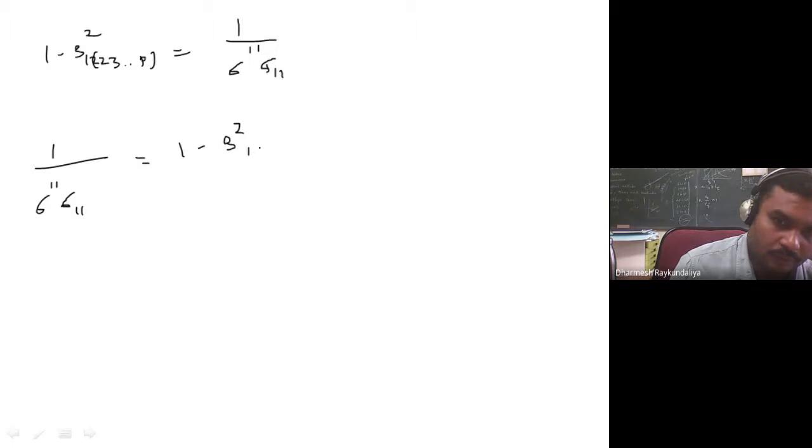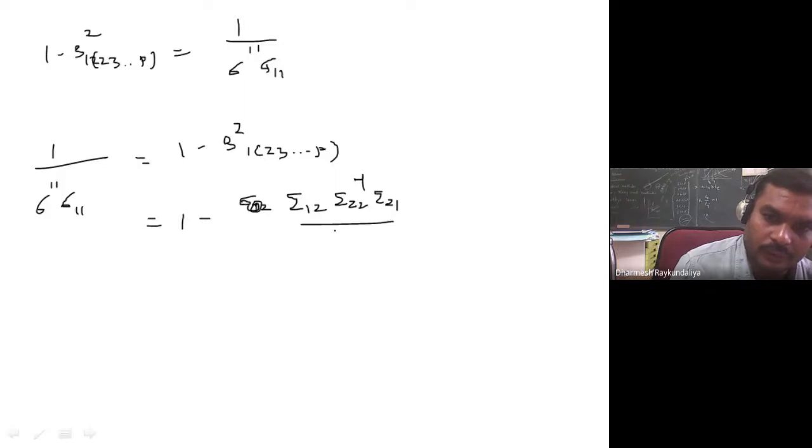I know this result, 1 2 3 up to p whole square is 1 upon sigma 1 1 into sigma 1 1. This I know, ये मैं जानता हूँ। ठीक है, तो इसका मतलब ये हुआ कि 1 upon sigma 1 1 sigma 1 1 is equal to 1 minus rho square 1 2 3 up to p.